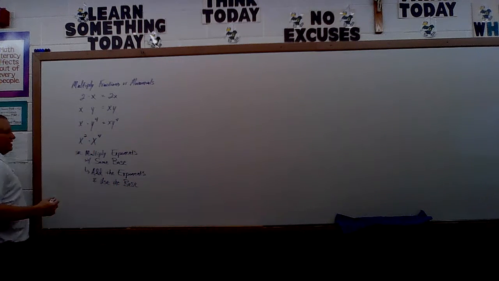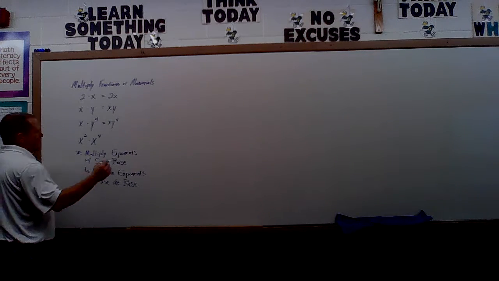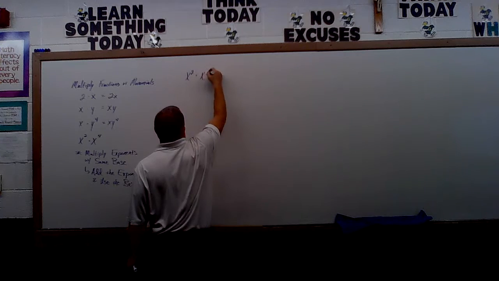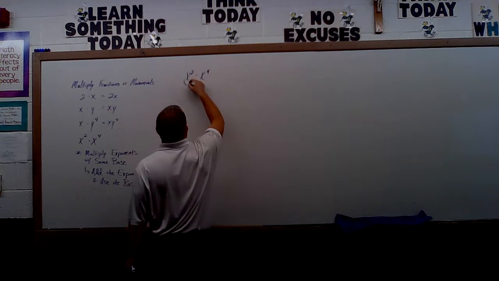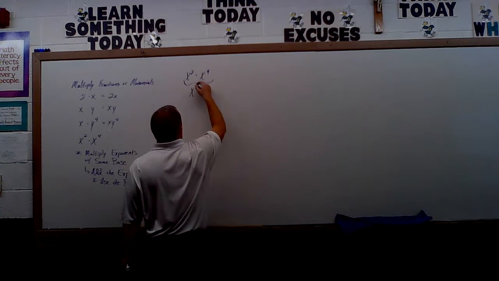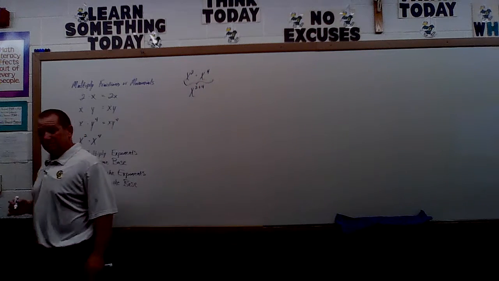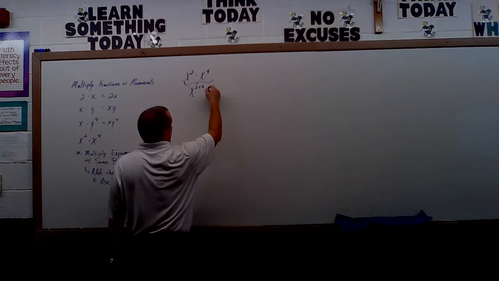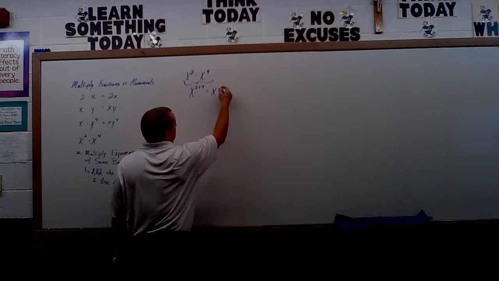So one way, if we did this problem right here, and we had x squared times x to the 4th, another way of writing this is saying I'm going to take those exponents and add them together. So x, and then 2 plus 4 gets me x to the what? 6th.